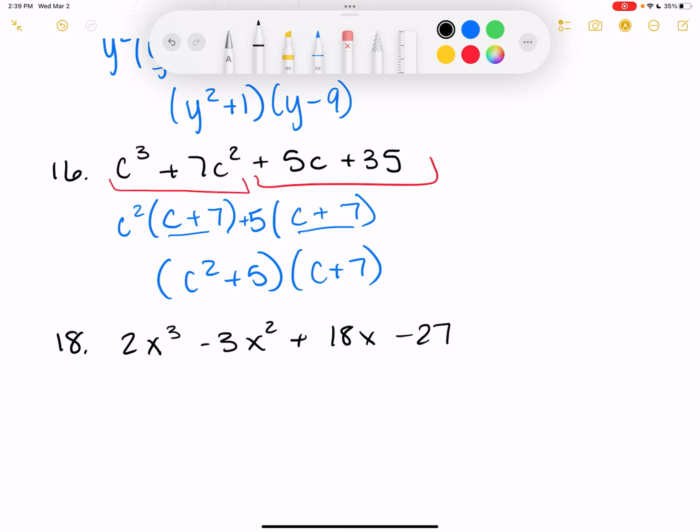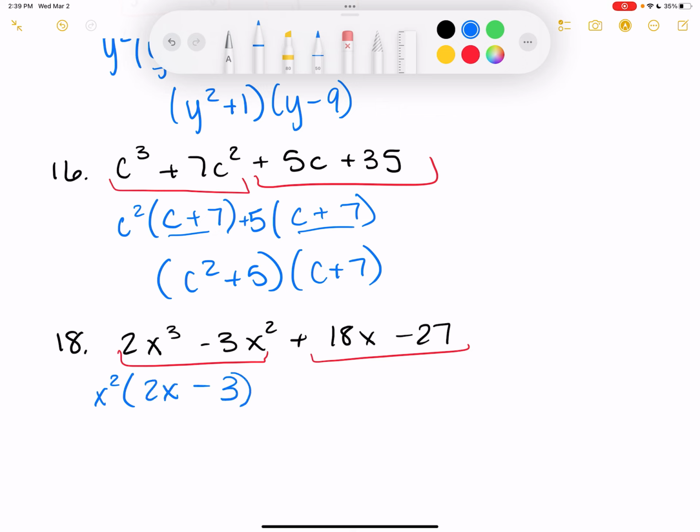Alright, number 18, 2x cubed minus 3x squared plus 18x minus 27. Group them, first two and last two. In the first ones, I can take out an x squared. What does that leave you with? 2x minus 3.